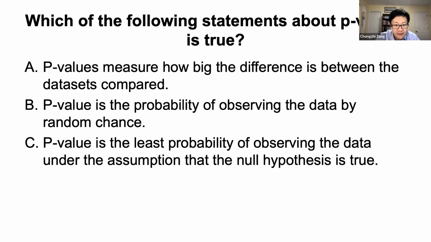A, p-values measure how big the difference is between the data sets compared. B, p-value is the probability of observing the data by random chance. And C, p-value is the least probability of observing the data under the assumption that the null hypothesis is true.